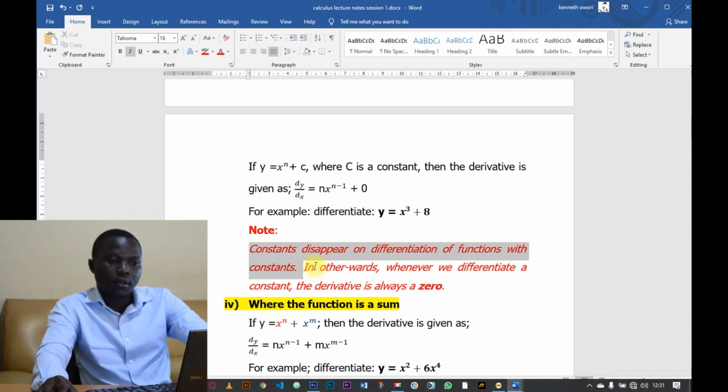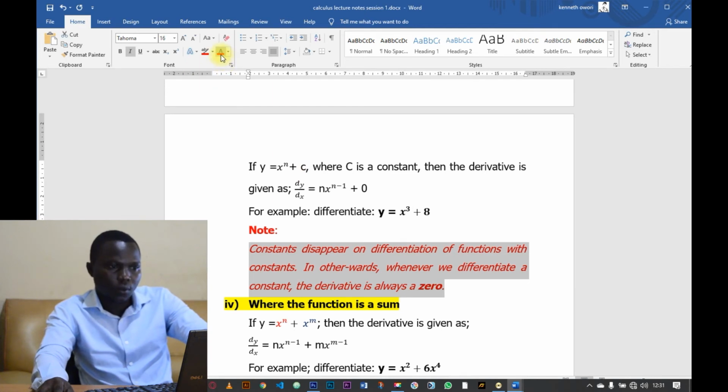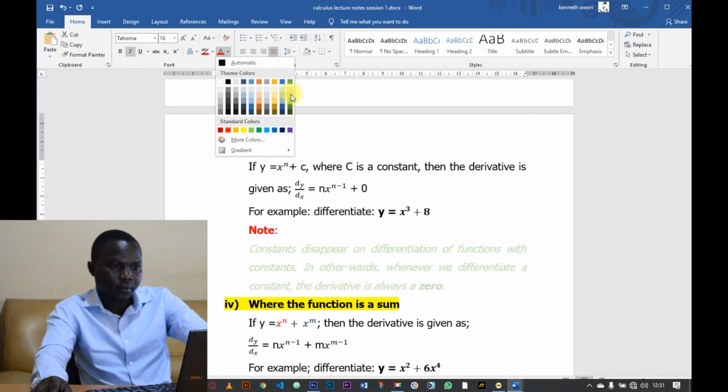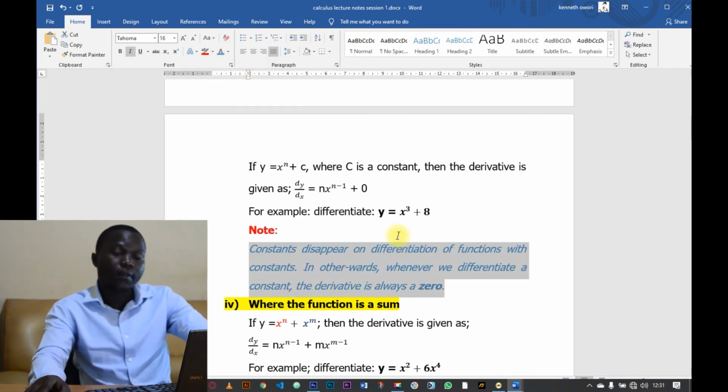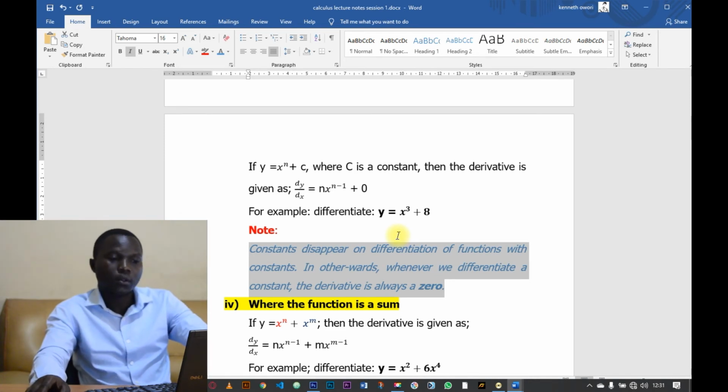In other words, whenever we differentiate a constant, the derivative is always a 0.